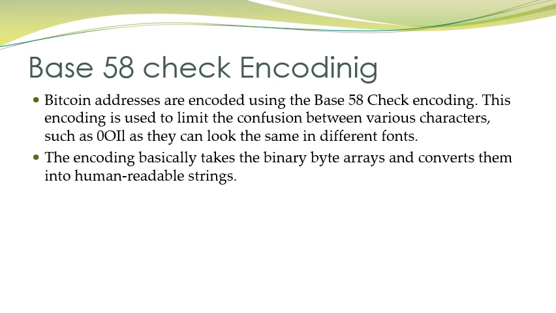So the Bitcoin address is generated from the public key, then two hash functions, SHA-256 and RIPEMD, are used, it is prefixed by the version number, and then encoded using Base58Check. Encoding basically takes binary byte arrays and converts them into human-readable strings.